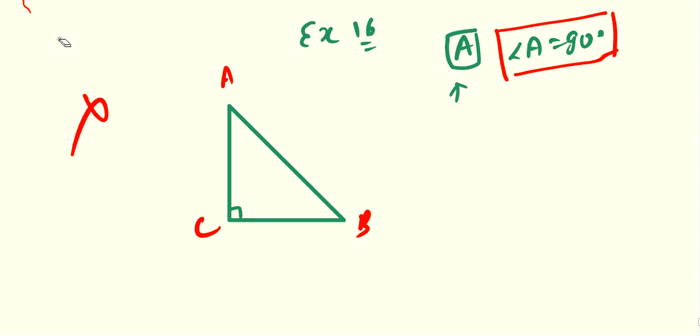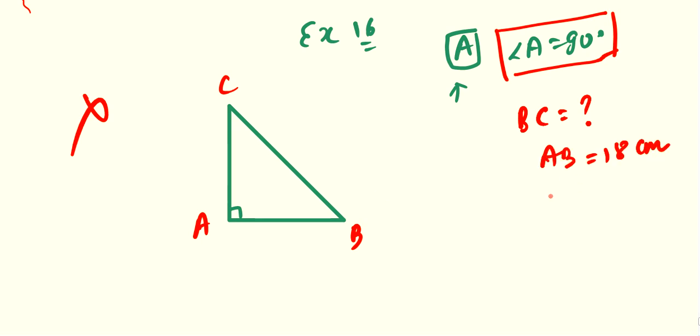So as per the question you have to draw and write angle A 90 degrees, then B, then C. Now further, calculate the length of BC. So BC we have to find, and AB is given to us as 18 centimeters and AC equals 24 centimeters.